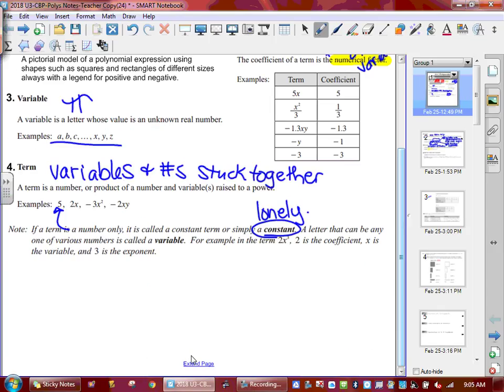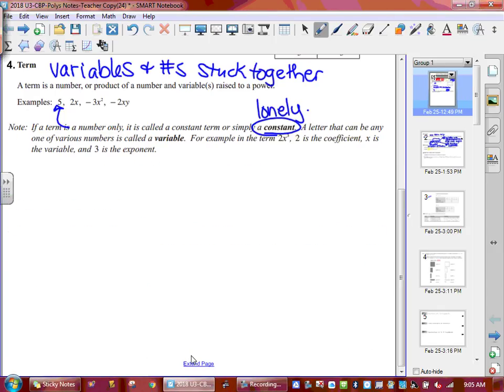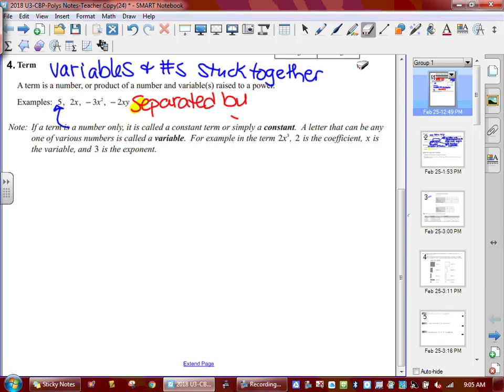Terms are separated by plus and subtract signs. So that's a huge thing for terms. They are separated by plus and subtract signs. That's how we're able to count how many we have. Okay? They're always separated by a plus or subtract sign. So that's going to help us when we talk about the next few.